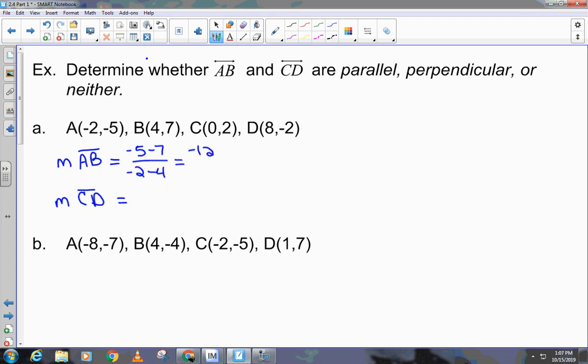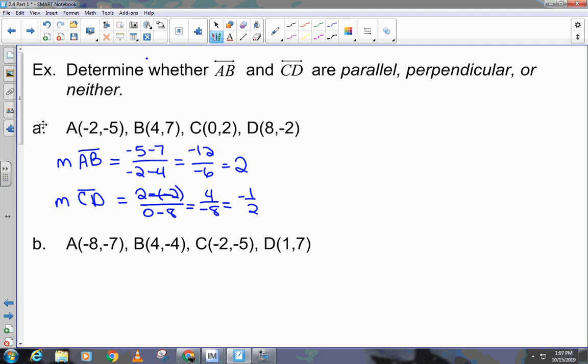That gives me negative 12 over negative 6, which is what? Positive 2. Then we're going to look at CD. So the difference in the y's, 2 minus a negative 2 over 0 minus 8. That gives me 4 over negative 8, which reduces to what? Negative 1/2.